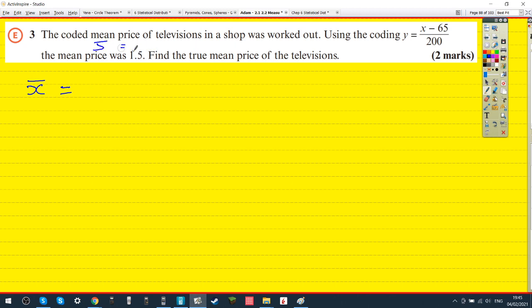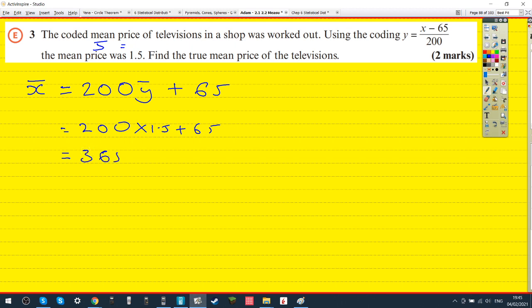So multiplying both sides by 200, what do you get? 200y plus 65. So it'd be 200 times 1.5 plus 65, so 300 plus 65. So it'd be 365.